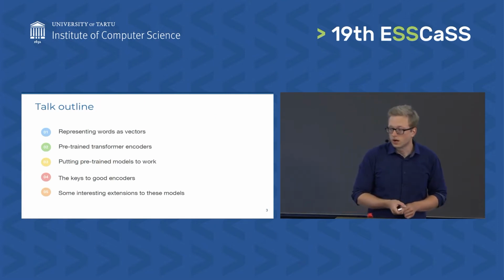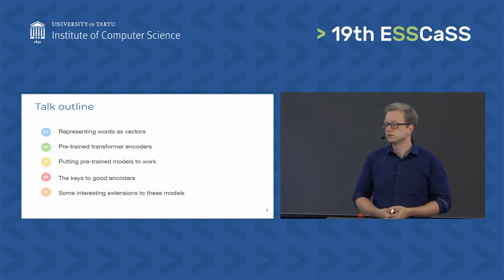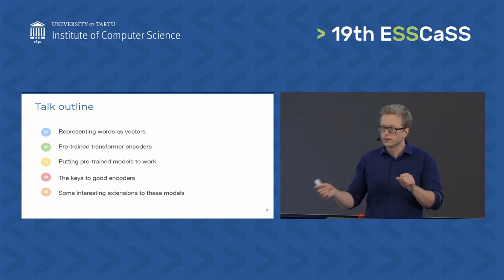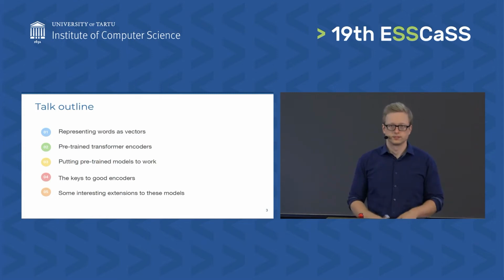In this talk, I'll tell you about encoders from several different angles. I'll start with a bit of background, some motivation, and I'll quickly go over some of the important early ways of encoding text. Then we'll focus on the state of the art, the modern neural network transformer models, and specifically looking at BERT.